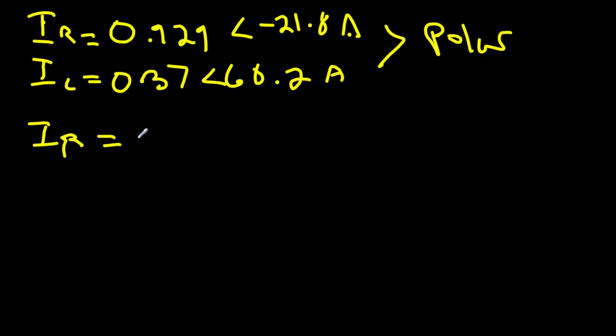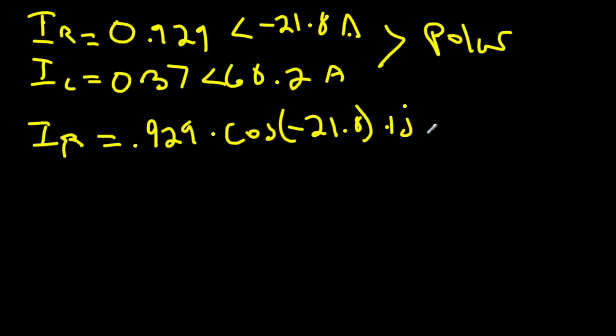So we have 0.929 times the cosine of minus 21.8, plus j times 0.929 times the sine of minus 21.8 degrees.